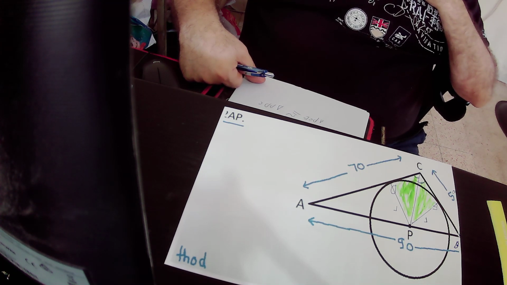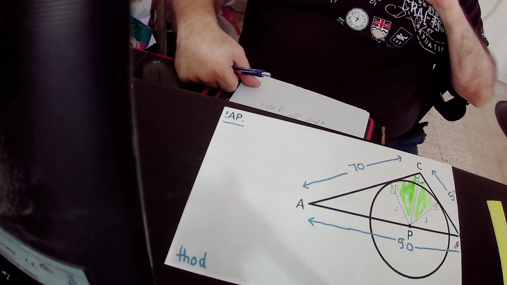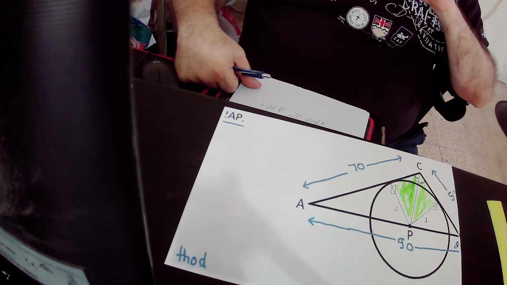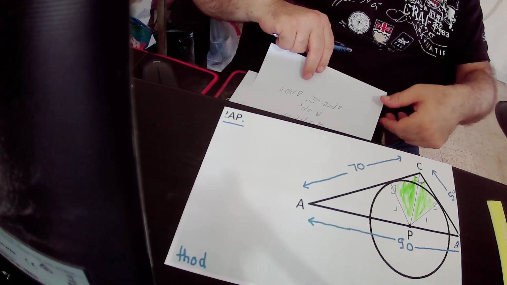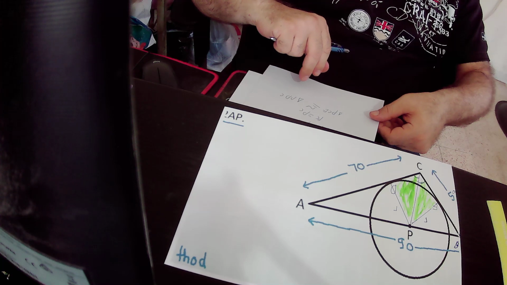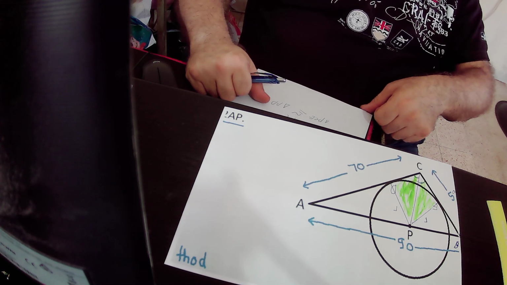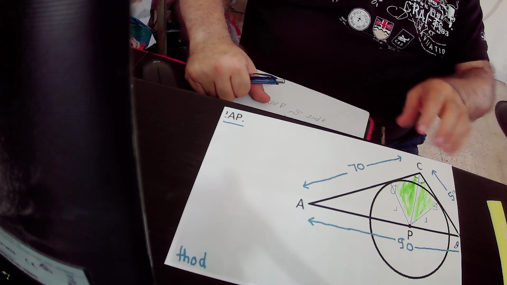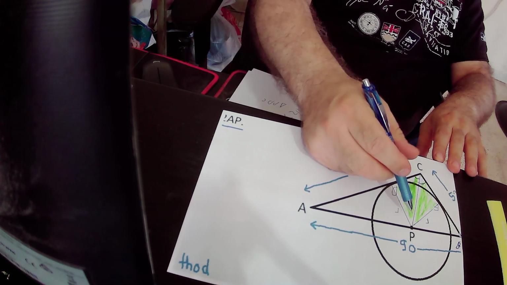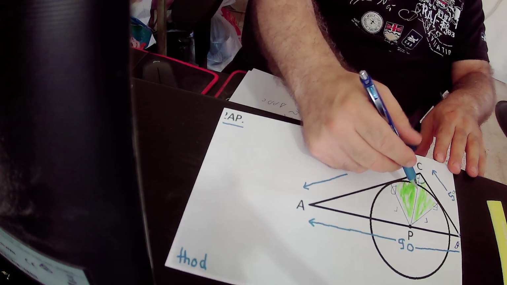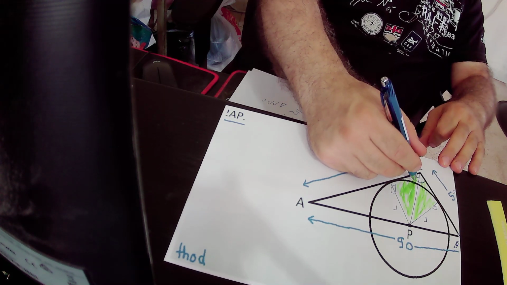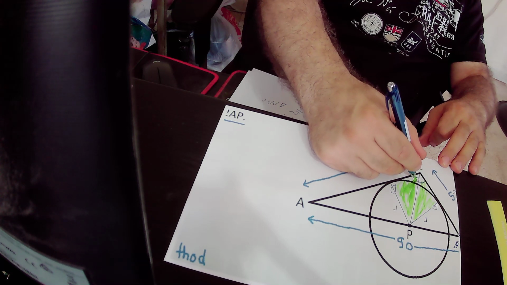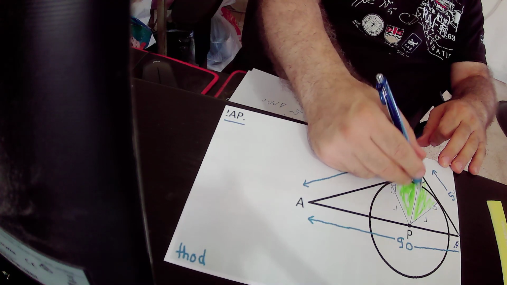So now I will draw again triangle ABC. Or first of all, let's call triangle PCD theta. Okay? Triangle PCD will be called theta.